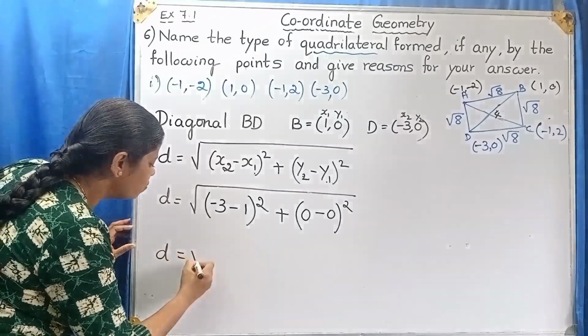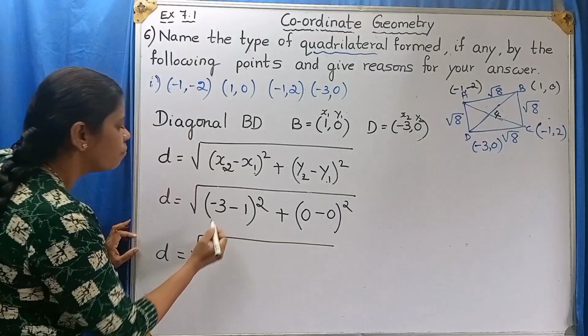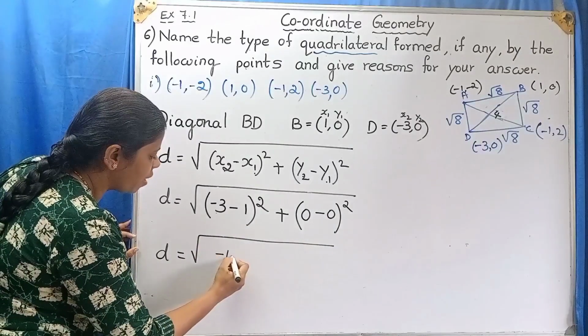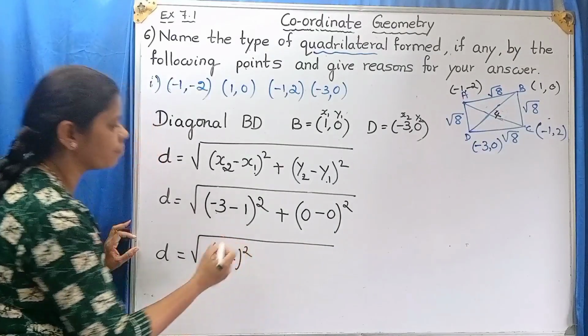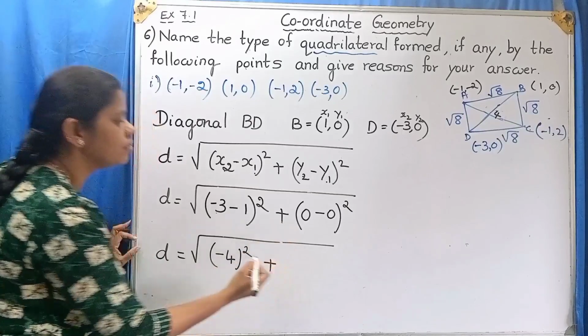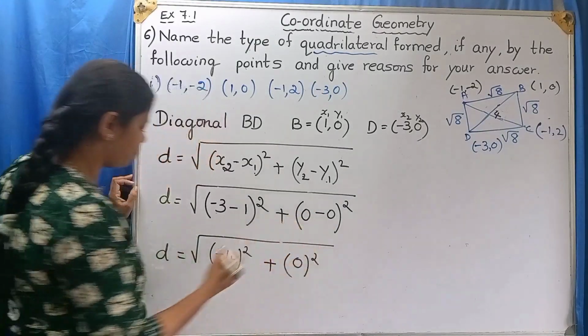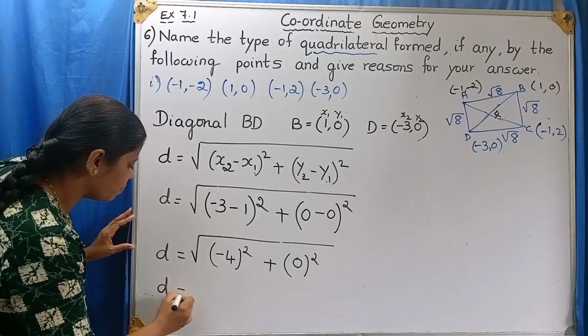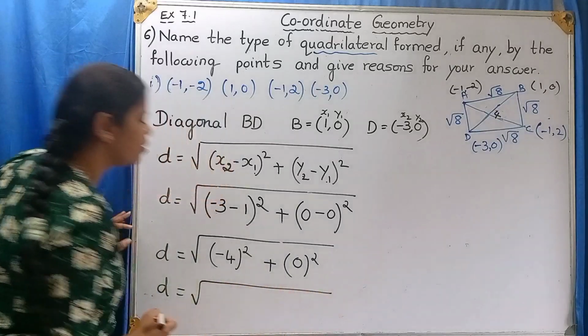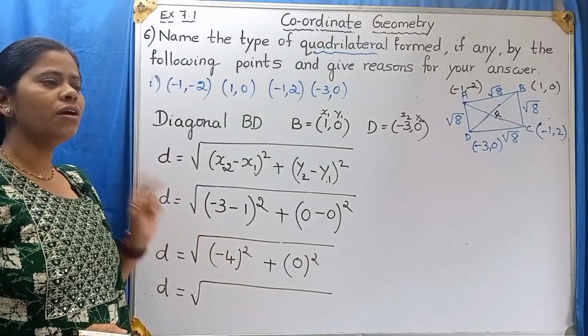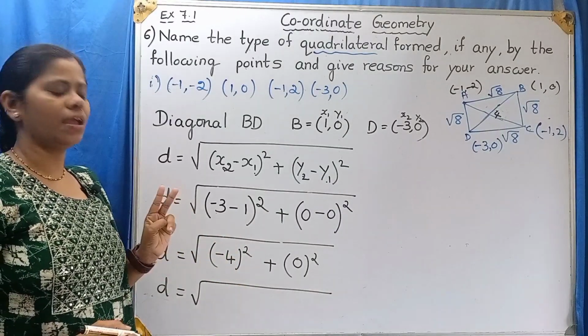D is equal to square root of minus 3 minus 1 is minus 4. Minus 4 the whole square plus 0 minus 0 is 0, 0 the whole square. Minus 4 the whole square means minus 4 is present two times.